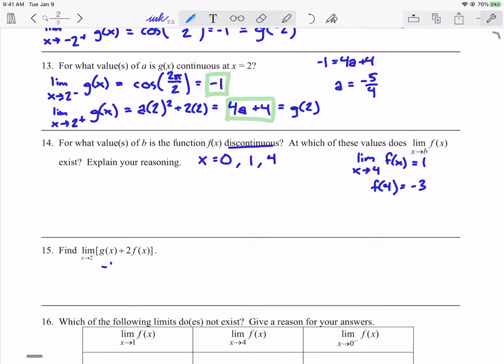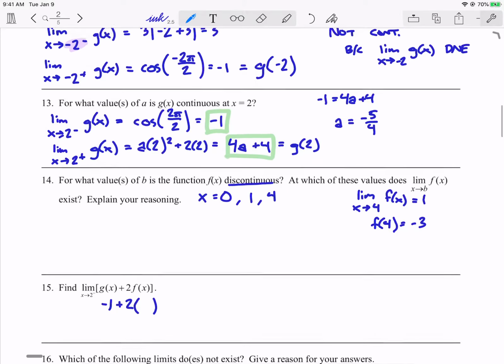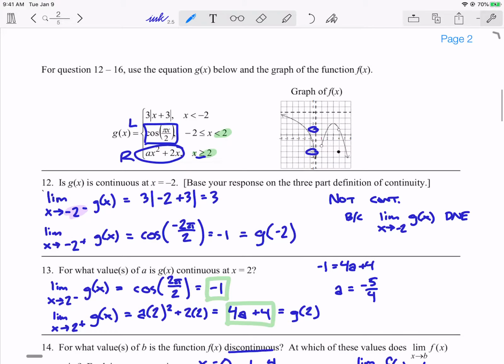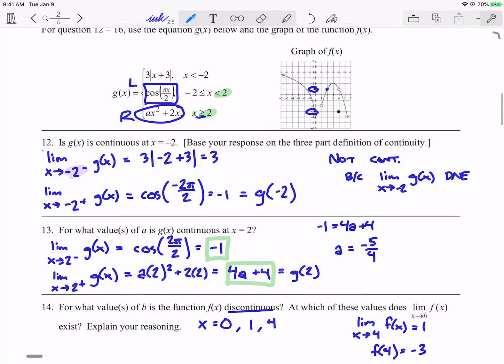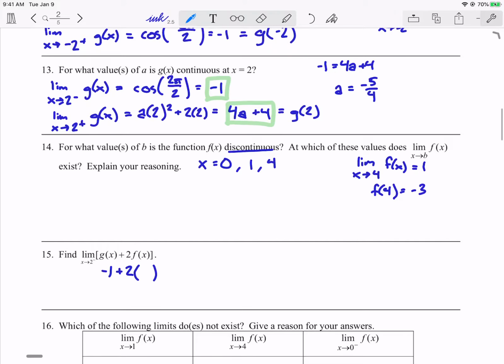So this part was -1, and then I have to add twice the value for f of x. Now f of x, as I approach 2 from the left, well, it doesn't really care which side I approach it from, because the function is even continuous there. I get a y value of 1. So then I've just got -1 plus 2 is 1.